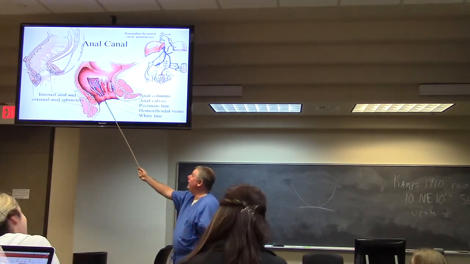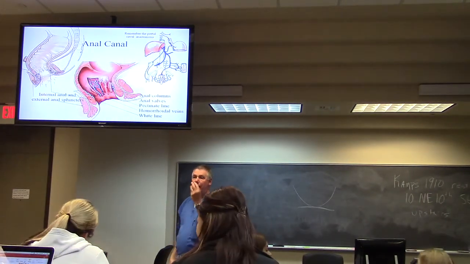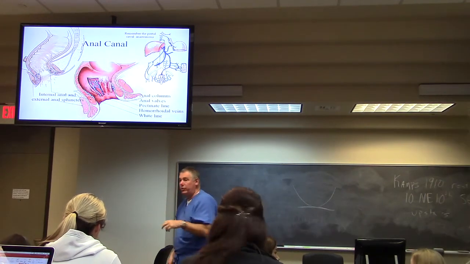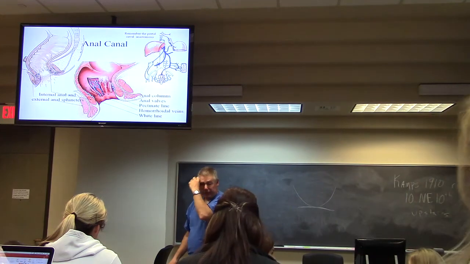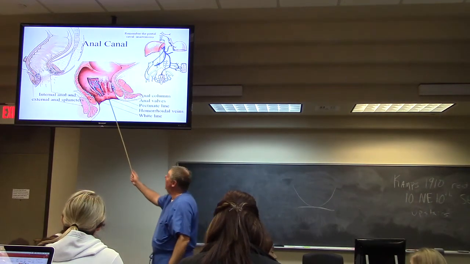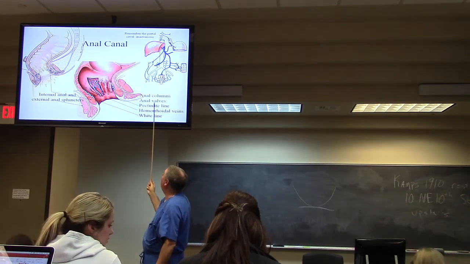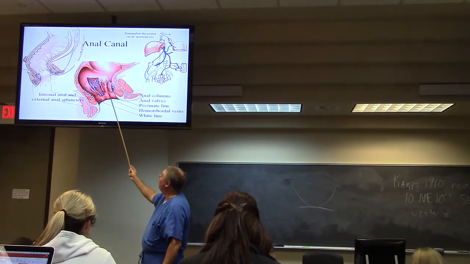If you look on the inside of the anal canal, there are several different things you're going to run into. One is you're going to run into these columns, and then at the bottom of the column, you're going to have what's called an anal valve.